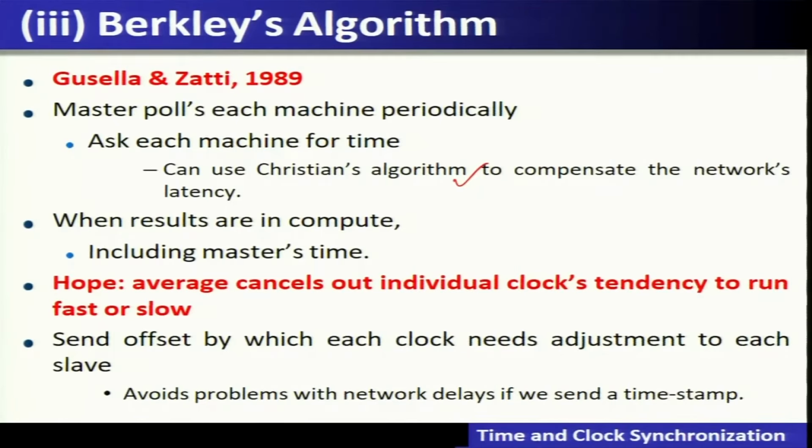When the results are in, compute the average, which includes the master's time. The average cancels out the individual clock's tendency to run fast or slow. Then send the offset by which each clock needs adjustment to each slave.